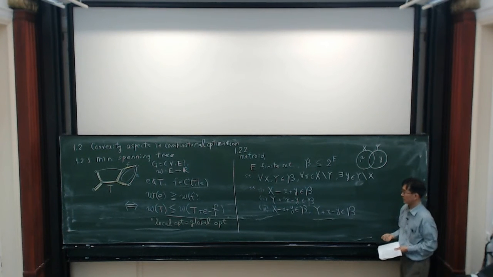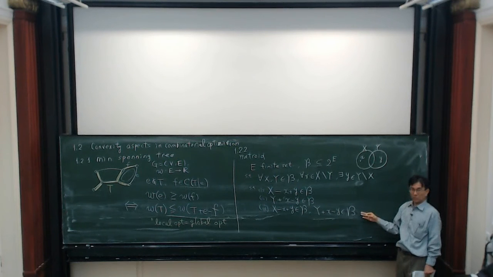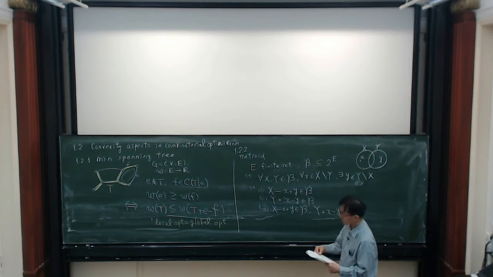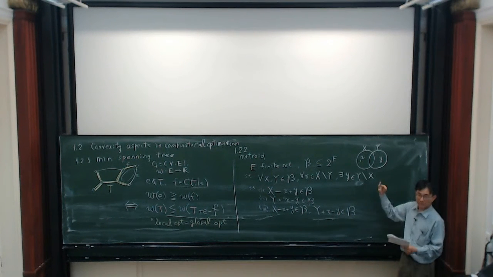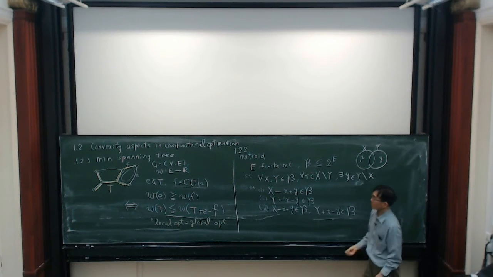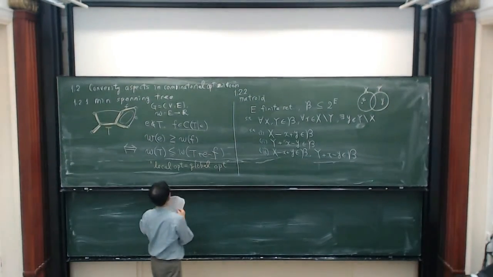Okay? And for discrete convex analysis, this form is most important. Well, so this is matroid. Very abstract notion, difficult to understand. But for this setting, we have a similar phenomenon.